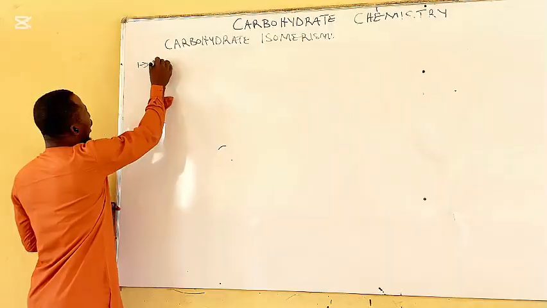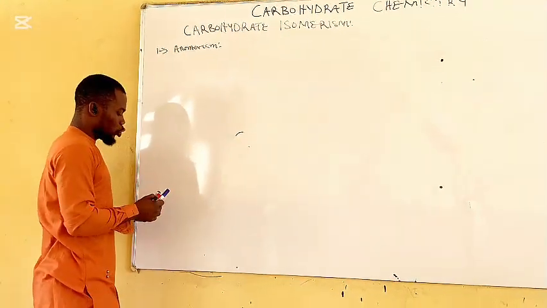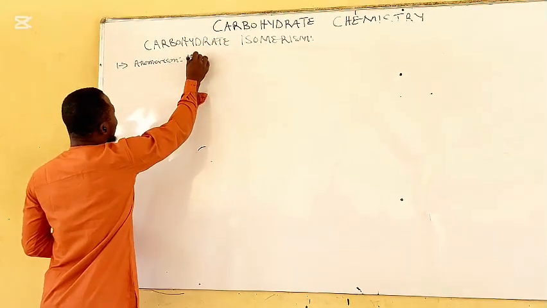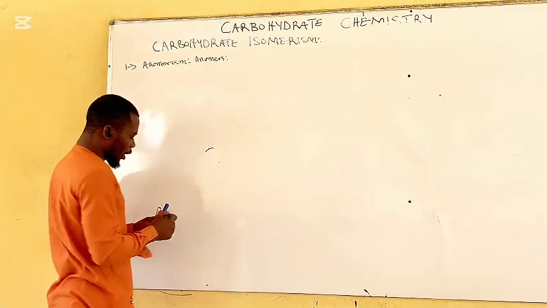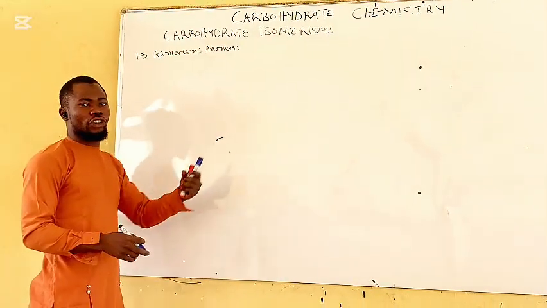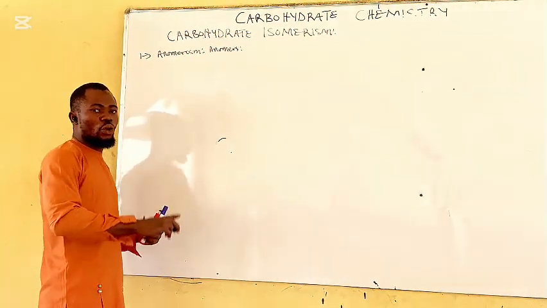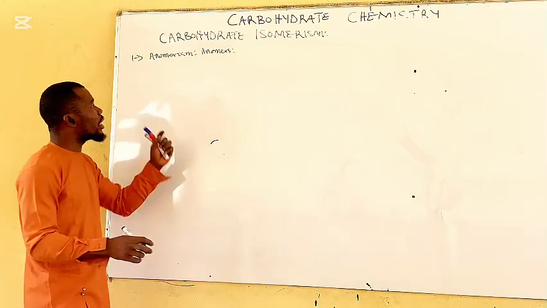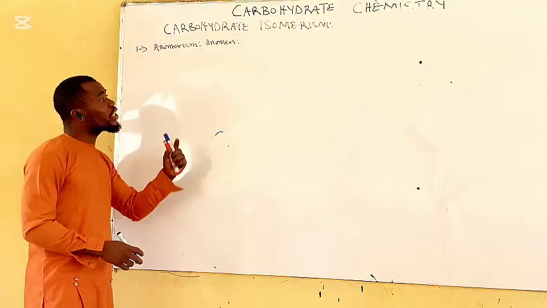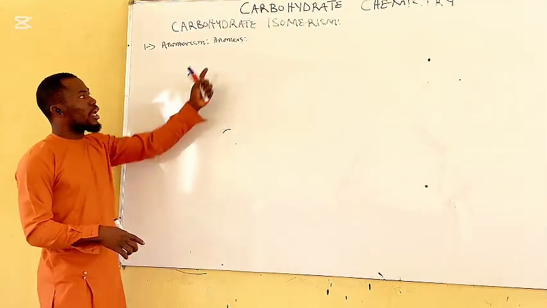The next one is anomerism. Two molecules that undergo anomerism are called anomers. In this case, the anomers are derived from the cyclic structures of the molecules. In the cyclic structure, that is when the linear form of the molecule is converted to the cyclic form, there will be the formation of an additional asymmetric carbon atom. The orientation of OH on this additional asymmetric carbon atom is what will give us anomers.